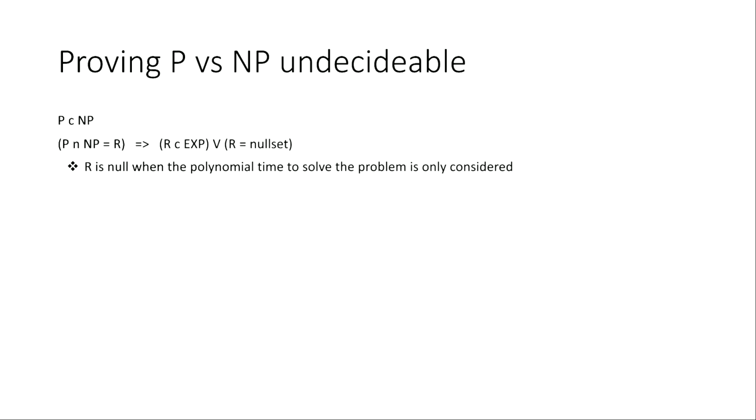R is null when the polynomial timing is considered, which is what I have right here. This is why P is a proper subset of NP, on the basis of it being polynomial. If we just stick to determinism, then we find that R would be a proper subset of EXP.